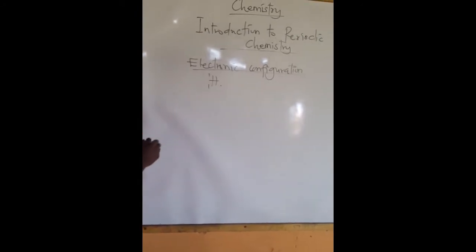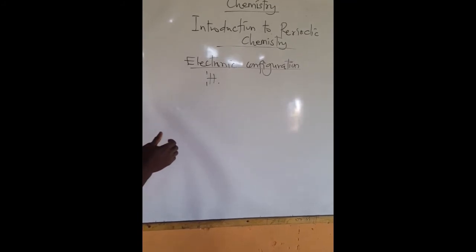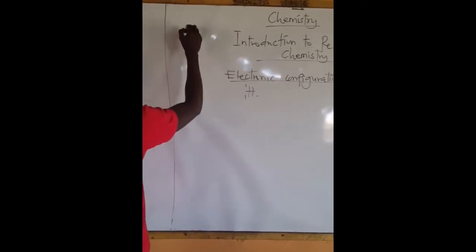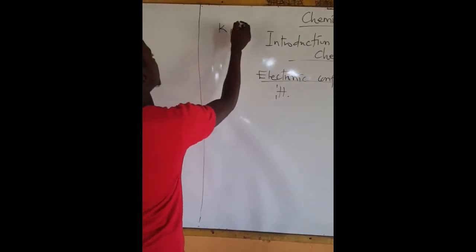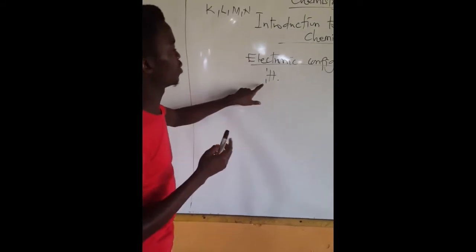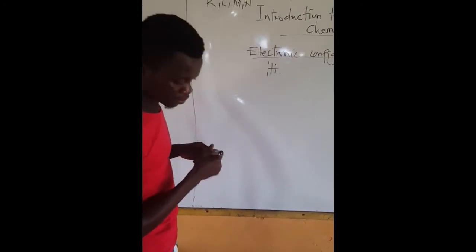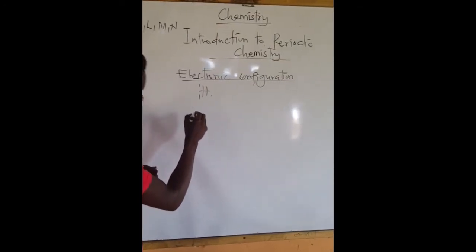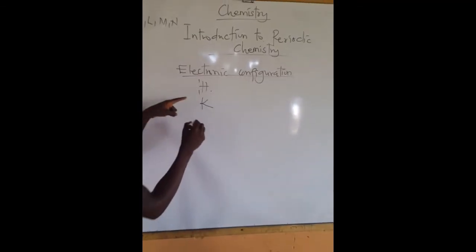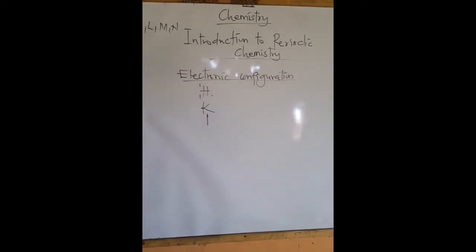Hydrogen's atomic number is 1 and the mass number is also 1. So hydrogen has only one electron, and the shells in ascending order are K, L, M, and N. Since hydrogen has only one electron, that electron will go to the K shell. So you are going to have K, then you write the number of electrons. That's how it is represented.